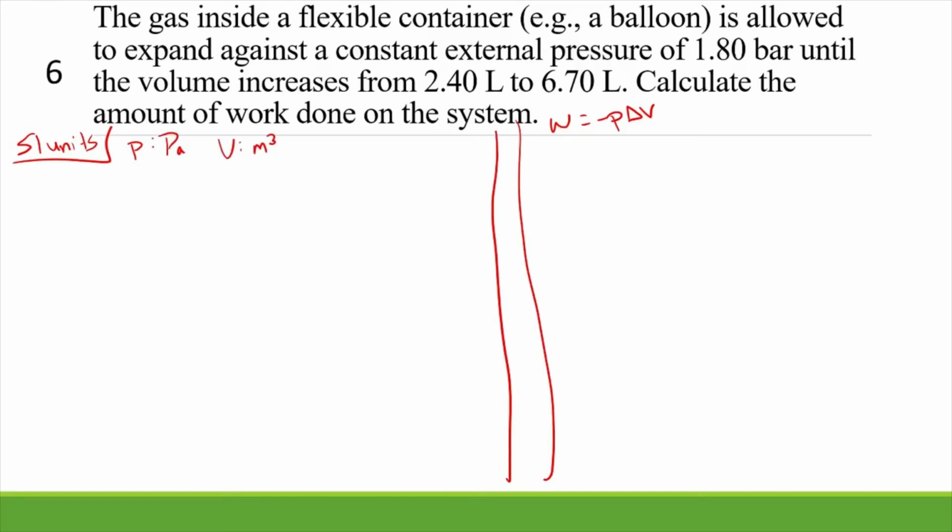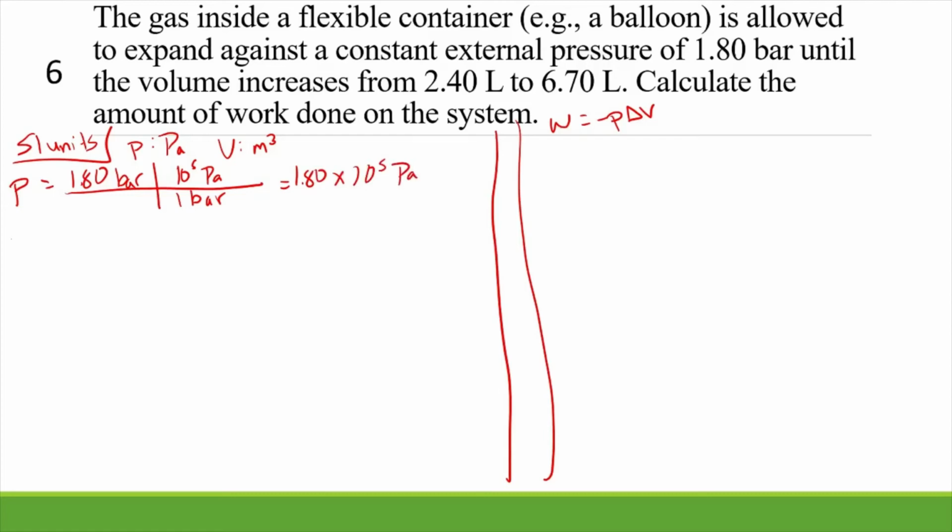So we need to take all of our units and transform them. So then the pressure equals 1.80 bar. And when you look in your appendix for the conversion factor, there are 10 to the 5th pascals for every 1 bar. So this gets you 1.80 times 10 to the 5th pascals.